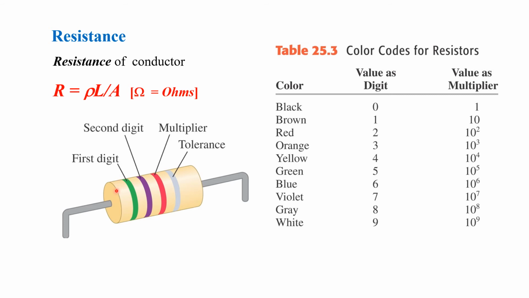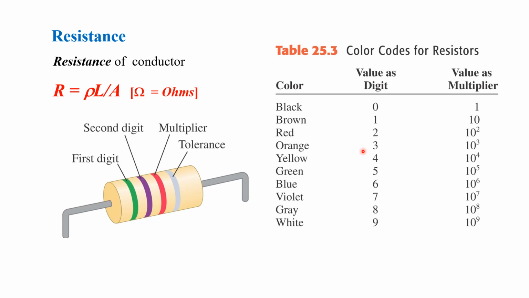Usually the last one is gold or silver. This is your tolerance. The first band is the first digit, the second is the second digit, and the third is the multiplier. So these are the values for the digits, and these are the values for the multiplier. And lastly, you have the tolerance.